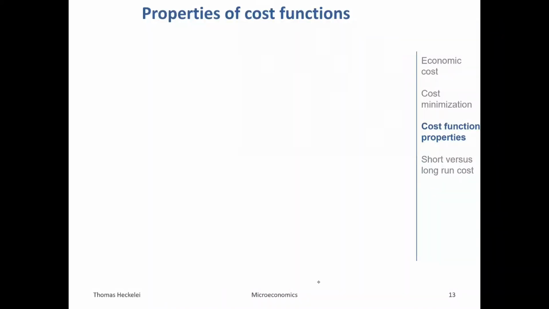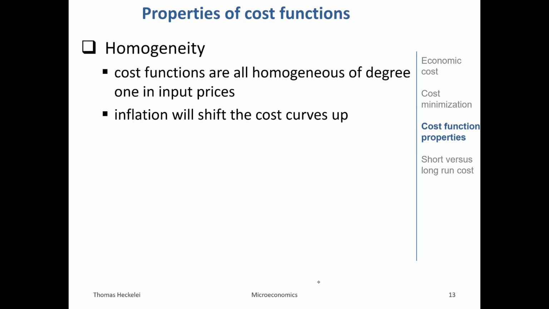So let's look at some properties of the cost functions. We will not prove it here. By now, they must be very, very familiar to you already, I trust, and I'm sure that you could easily prove it by yourself. The first property is homogeneity.